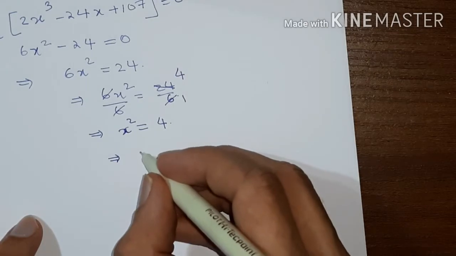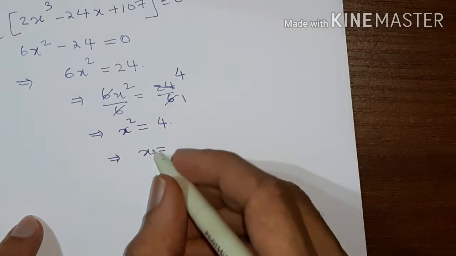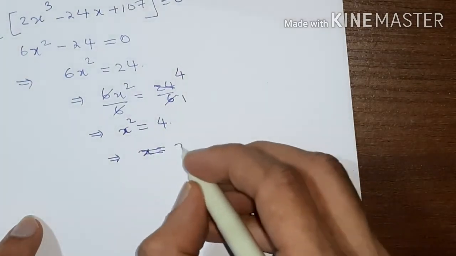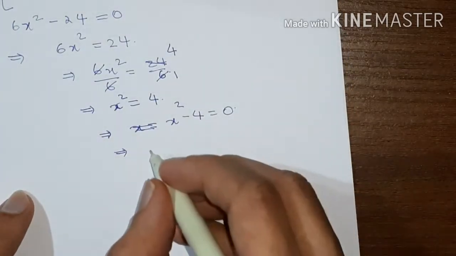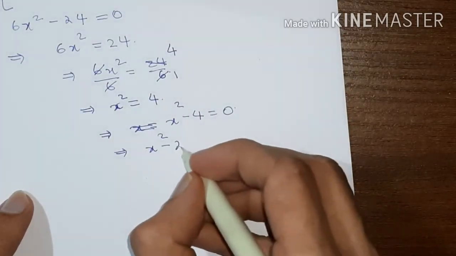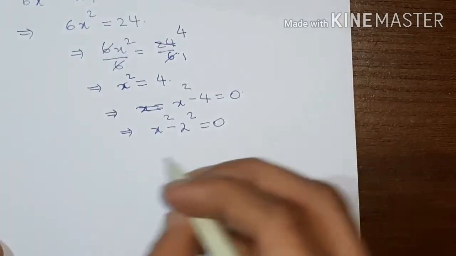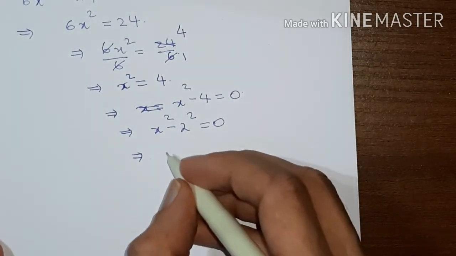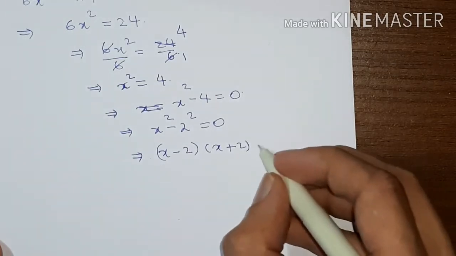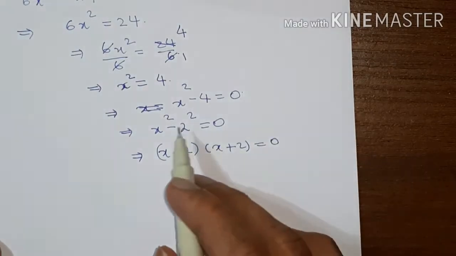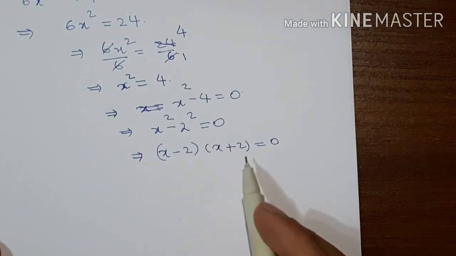Instead of doing this, bring 4 to the other side. So x square minus 4 equal to 0, that means x square minus 2 square equal to 0, as we can write 4 as 2 square. So x minus 2 multiplied by x plus 2 equal to 0, since a square minus b square is a minus b multiplied by a plus b.